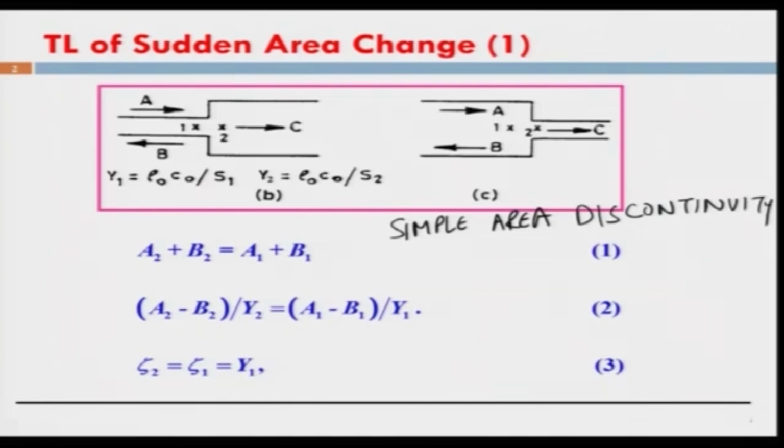So, figure B or figure C basically tells that there is an incident wave of amplitude A that is incident at cross sections marked 1 and 2, and some part of the wave is reflected back and some part is propagated downstream, which is C. Naturally, there will be some energy that will be transmitted into the atmosphere. This is a system where there is a sudden area increase, and on the other hand, at this point there is a sudden area reduction.